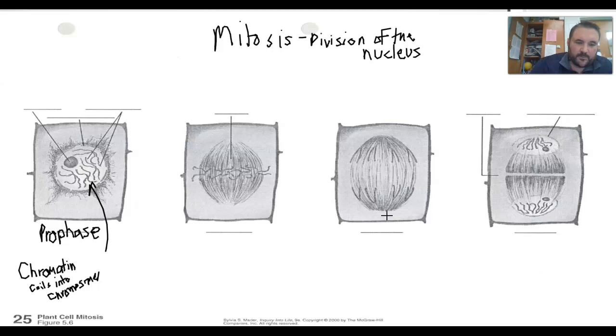So that one's prophase. Then we go to metaphase, this one's the easiest one. In metaphase, the chromosomes align in the middle.